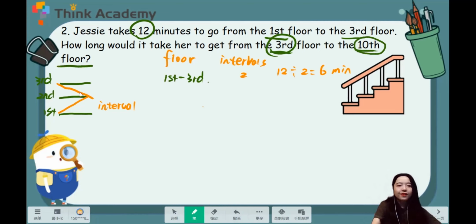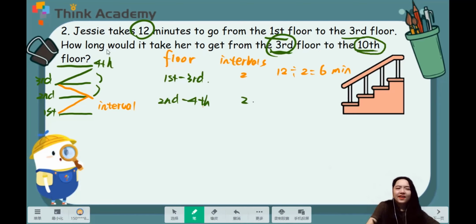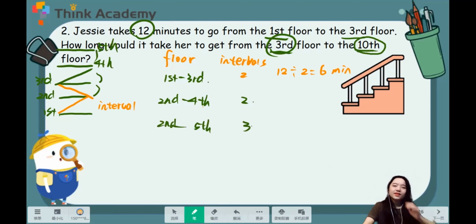If we start from the second floor to the 4th floor, how many intervals are there? It's also 2. If we start from the second floor to the 5th floor, there would be 3 intervals.